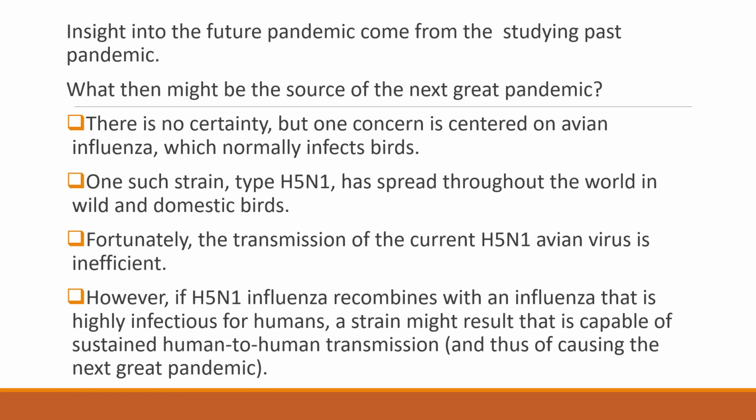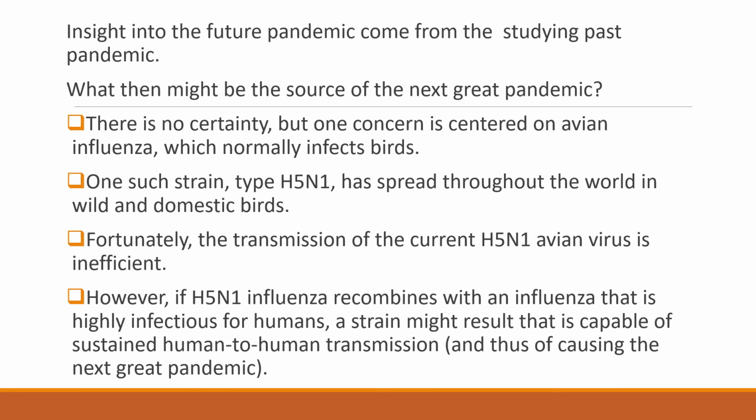Then insight into how a future pandemic might occur comes from studying past pandemics. So what then might be the source of the next great pandemic? There is no certainty, but one concern is centered on the avian influenza that normally infects birds. One such strain, type H5N1, has already spread throughout the world in wild and domestic birds.